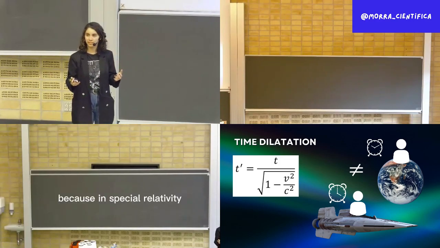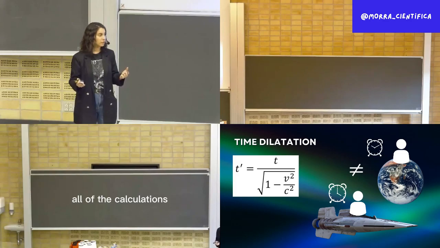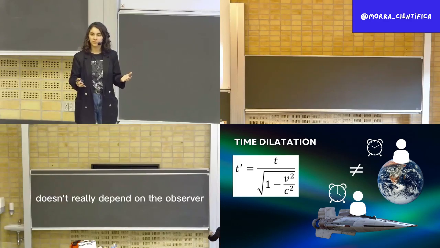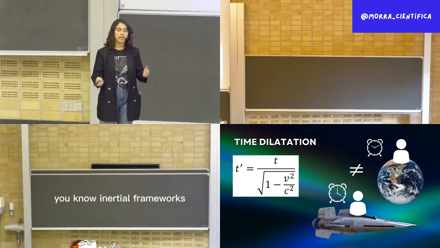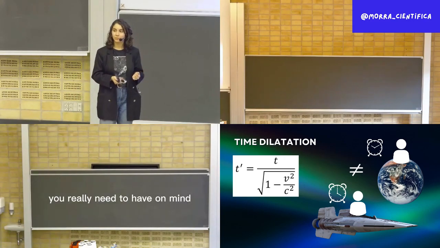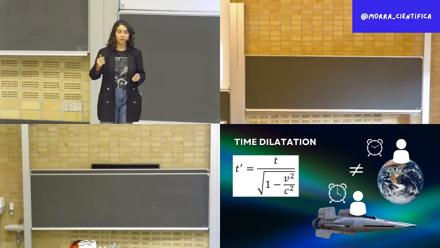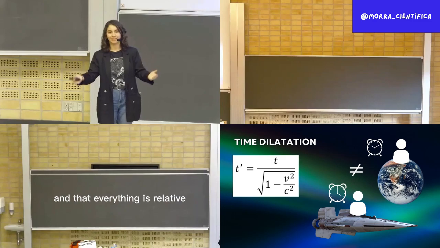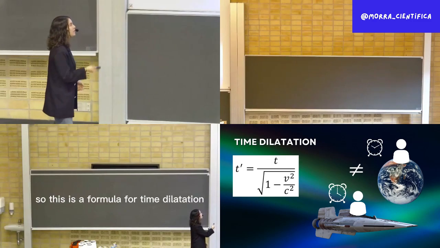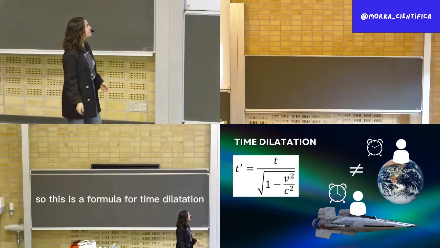In special relativity, the calculations don't really depend on the observer, you know, inertial frames. But in general relativity, you really need to have all of the observers in mind, and everything is relative, as they say. So this is a formula for time dilation.